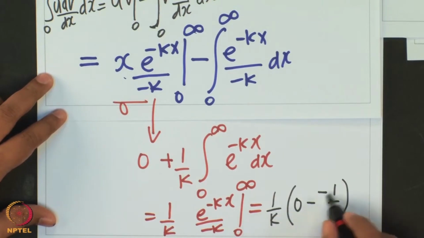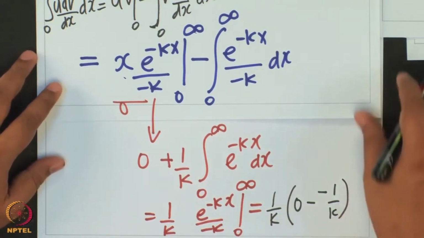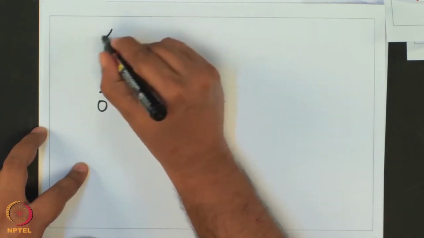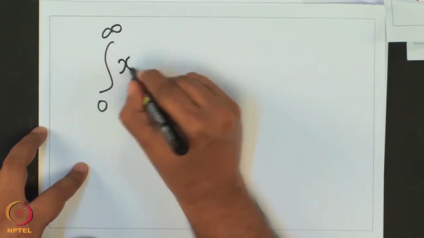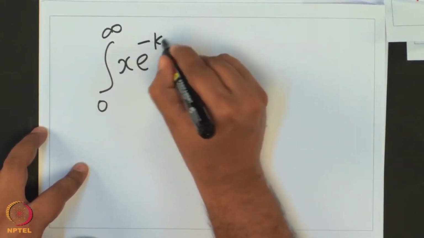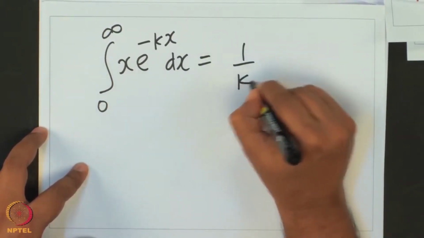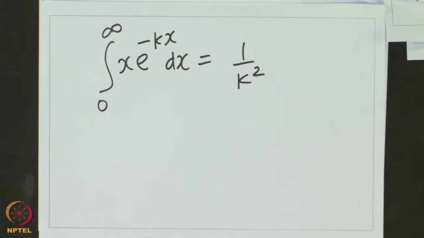So 1 by k times 1 by k, and the answer is 1 by k square. So if I do this integration by parts carefully, the integral from 0 to infinity of x e power minus kx dx, I would get the answer as 1 by k square.